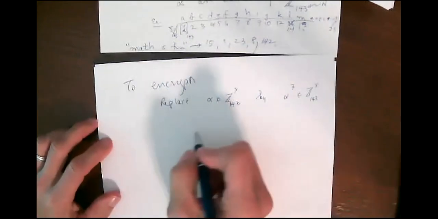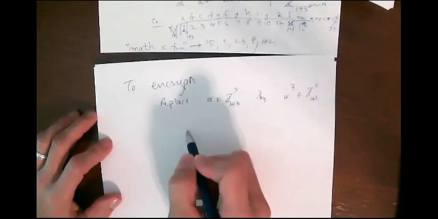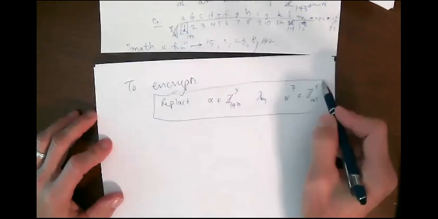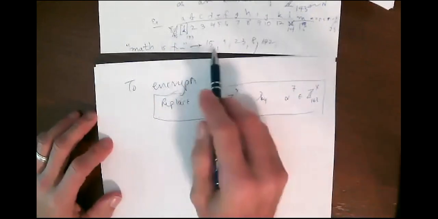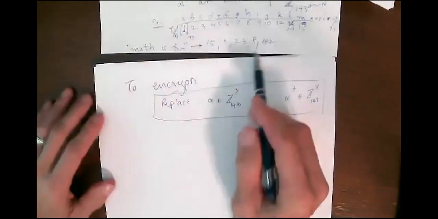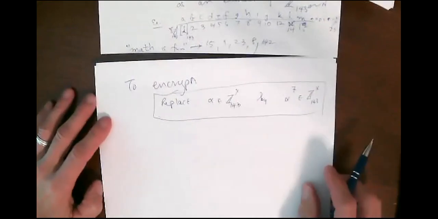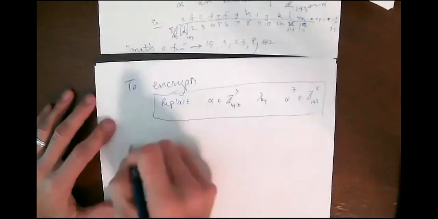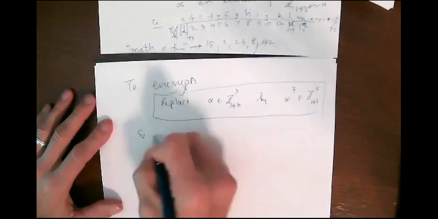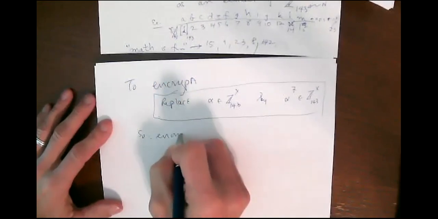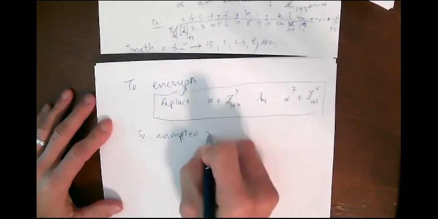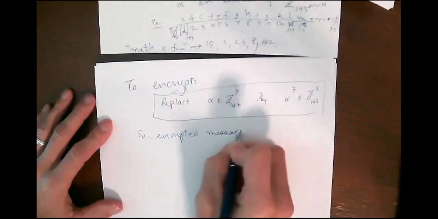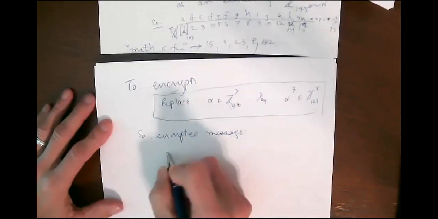All right, so this will turn my message into, that's all it is. That's all you do to encrypt: you replace every single one of these integers, mod 143, by a different integer modulo 143. So the encrypted message now looks like this. See, where was my message?